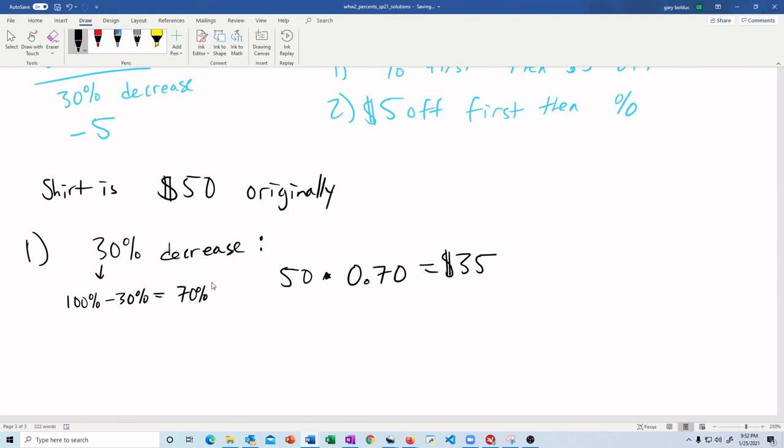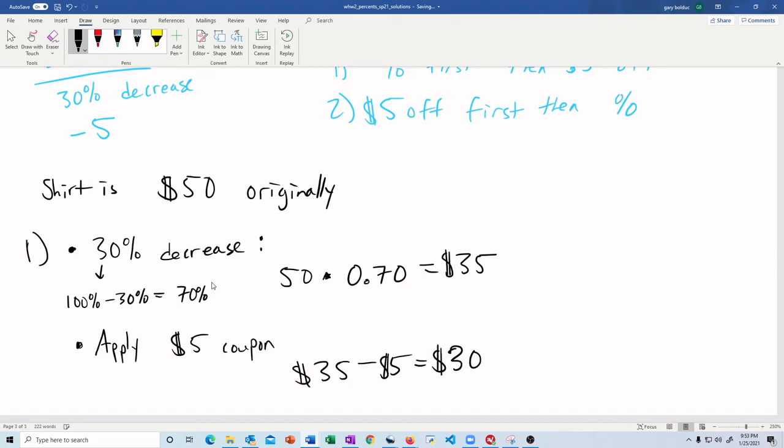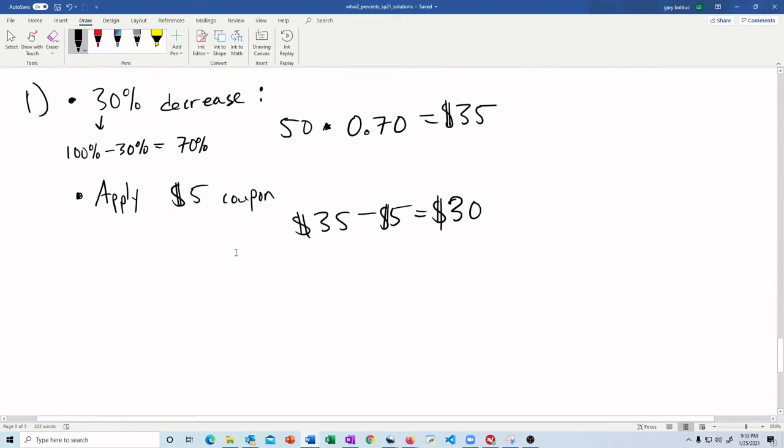Now, step 2, the second thing we do, apply the $5 coupon. $35 minus my $5 coupon is $30 total. All right, so I do my percent, then I apply the coupon. I only pay $30 out of the original $50. All right, so cool, that's good.